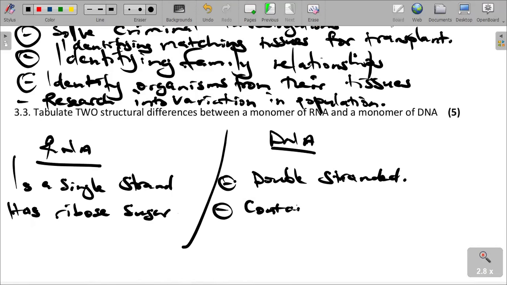DNA contains deoxyribose sugar. And then RNA has uracil.